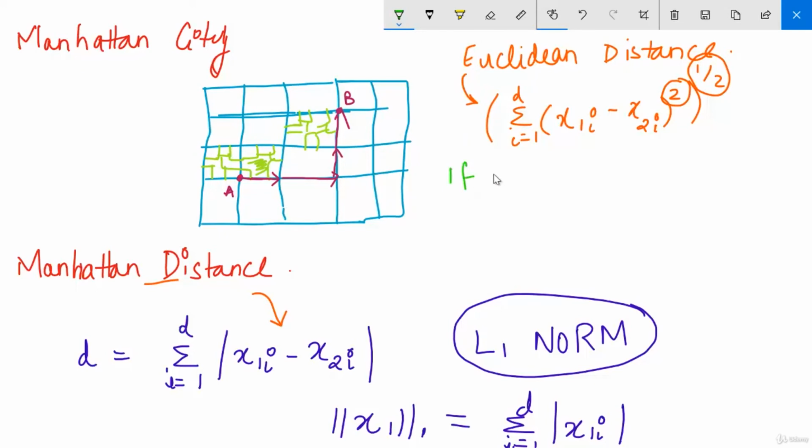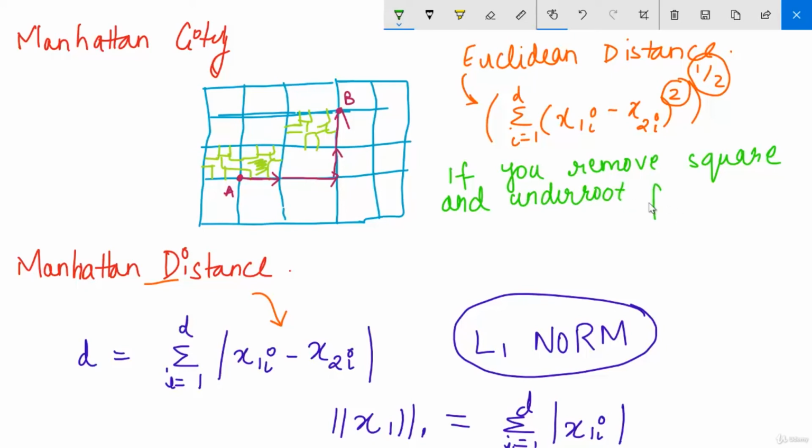If you remove the square and under root from Euclidean distance, you will get Manhattan distance.